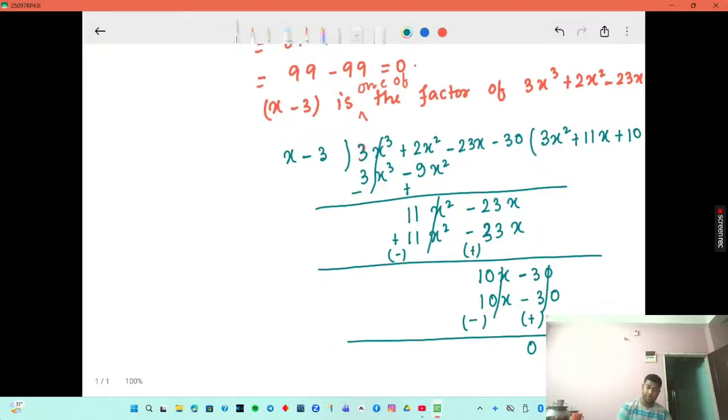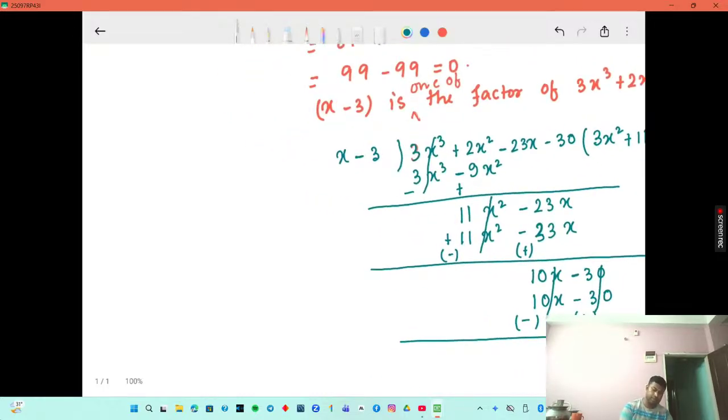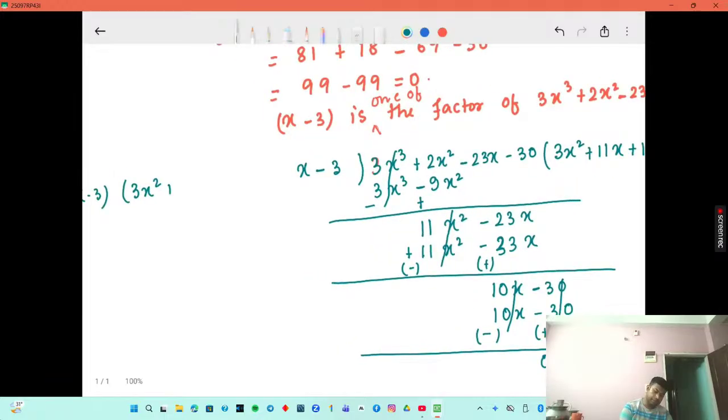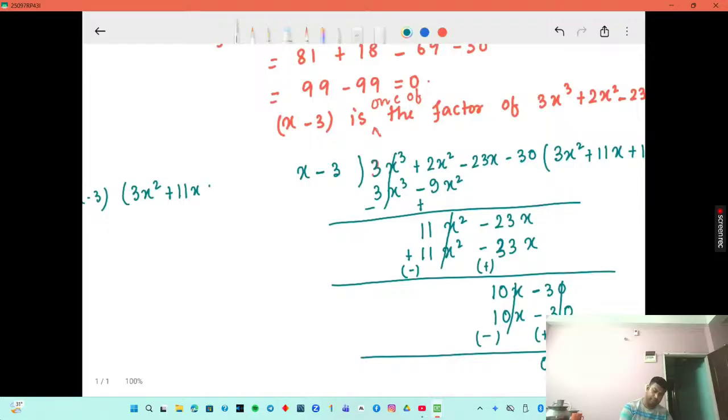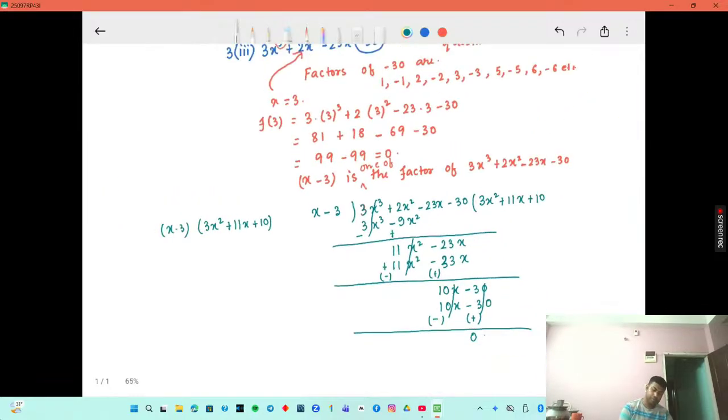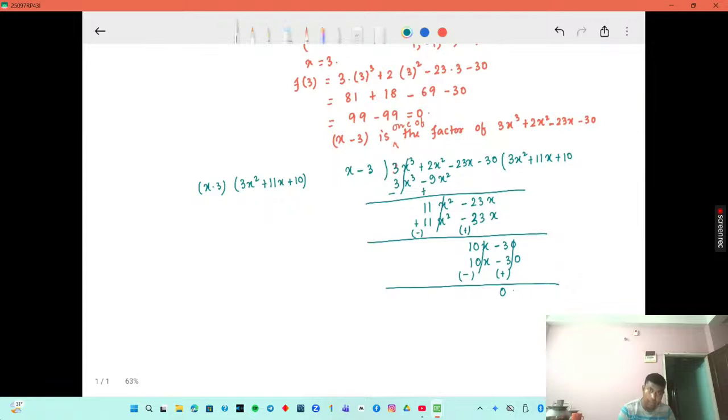Therefore, now we will write the factors of this as x minus 3 and 3x square plus 11x plus 10. Okay, so now we will solve. Equal to x minus 3, here we will write 3x square plus 5x plus 6x plus 10.